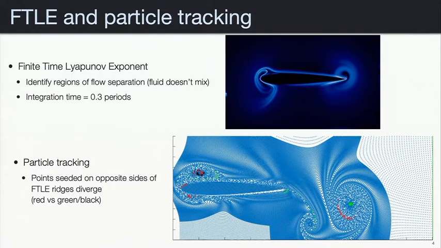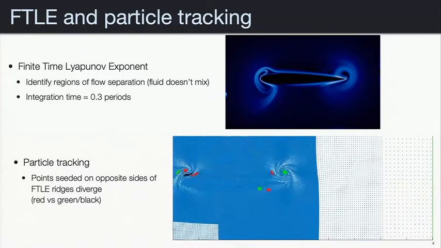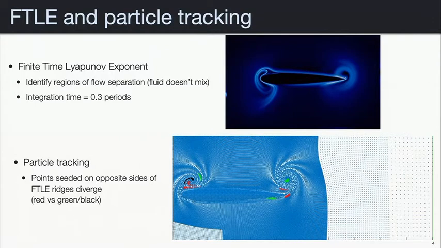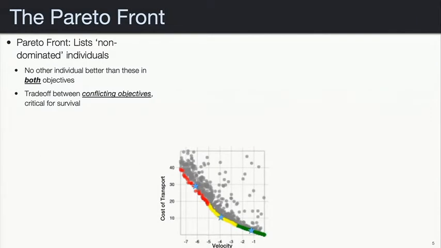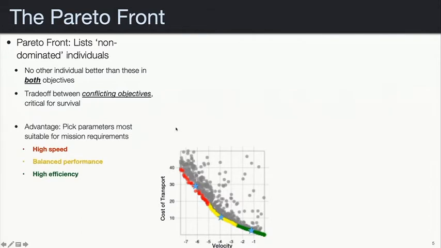Was there a question? All right. What we did with this study was look at optimizing this behavior of heaving airfoils. We were able to discover very fast airfoils and very efficient airfoils and everything in between.